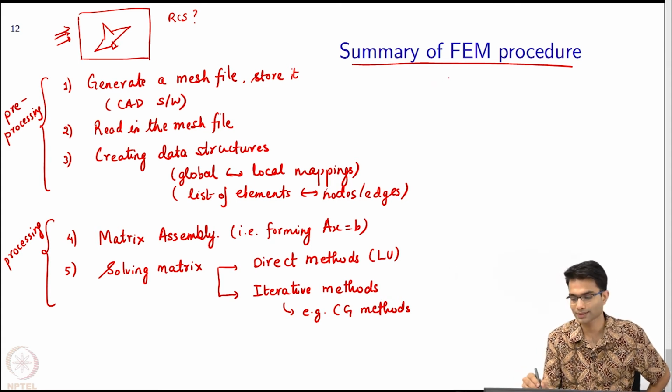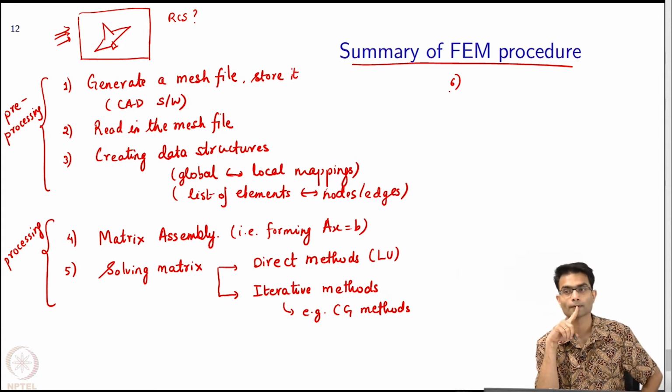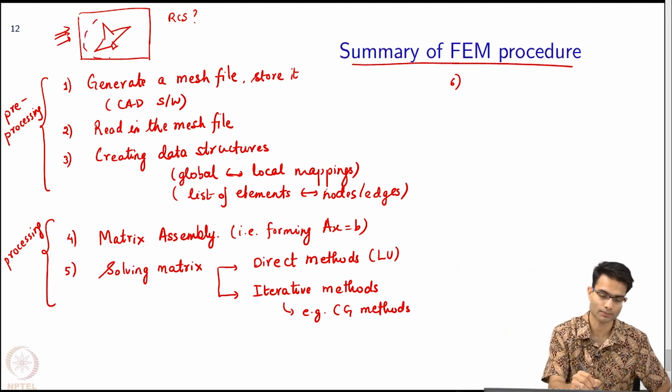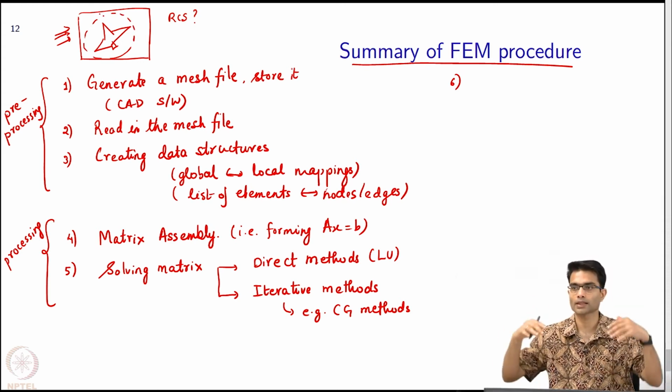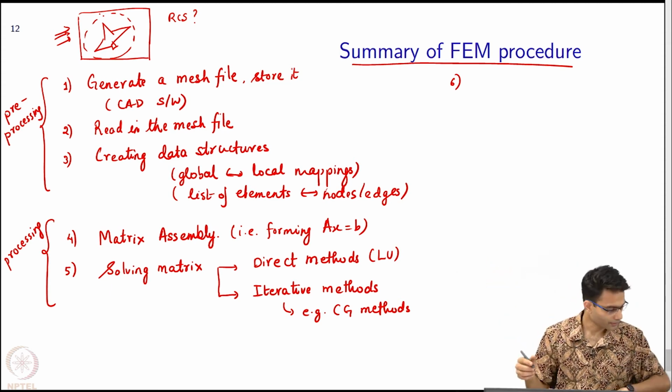What is the next step? You have found out x. Now what? Actually calculating the quantity of interest. So in this case it will be RCS, right? So for RCS I will need some kind of a contour around the object, then I will apply Huygens principle based on the values that I have calculated of x on that and find out the quantity of interest, right.